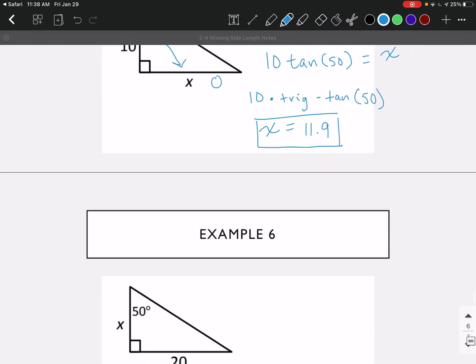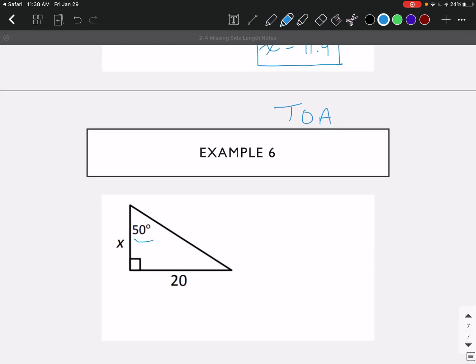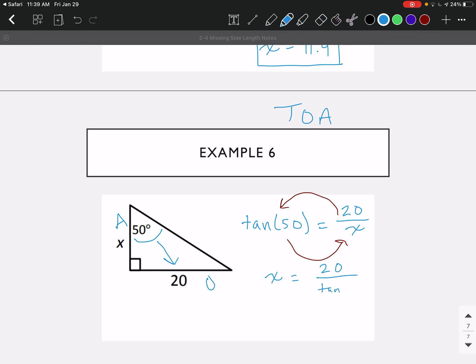One last one. We're still working TOA. My angle is 50. Opposite is 20, and next to that angle is x. So we'll have tan 50 equals opposite over adjacent, so 20 over x. Anytime that variable is on the bottom, we just switch the place of x and what's on the left, so now I have x equals 20 over tan 50.